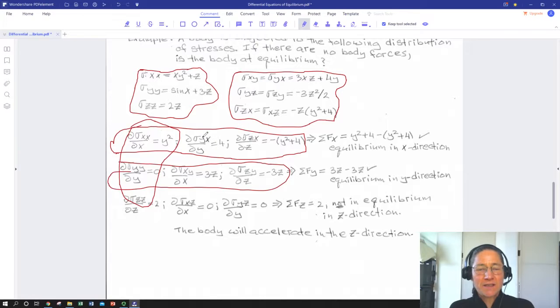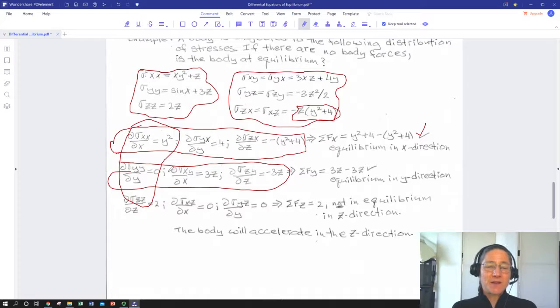This is on the y face in the x direction, on the z face in the x direction. So I'm going to add all three together. And if I add y squared to 4, I get y squared plus 4, and this first partial of sigma zx with respect to z, derivative with respect to z of this term, we just get negative y squared plus 4. So if I add those, I get 0. So I don't need a little f of x to be in equilibrium. So this one says we have equilibrium in the x direction without the need for a body force.